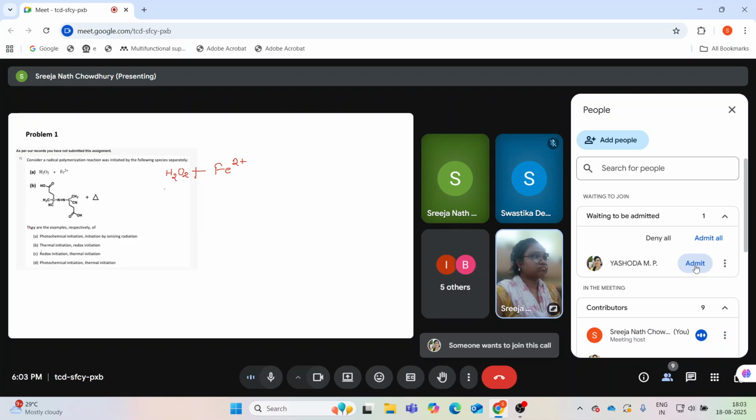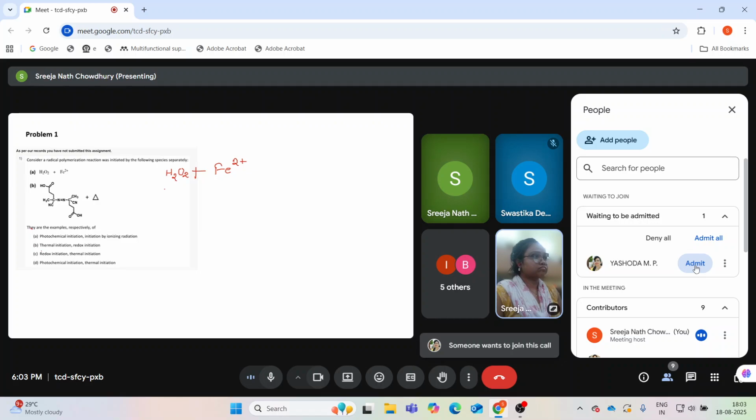It can readily break in the presence of heat, like this, into radicals. This will form 2 OH dot. So I can write it like this, OH dot.